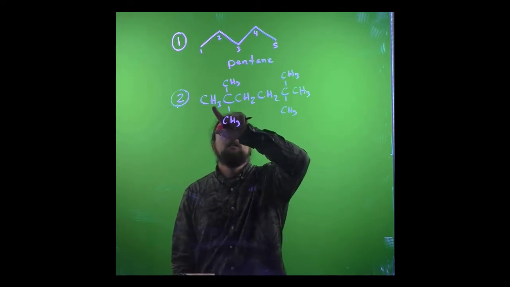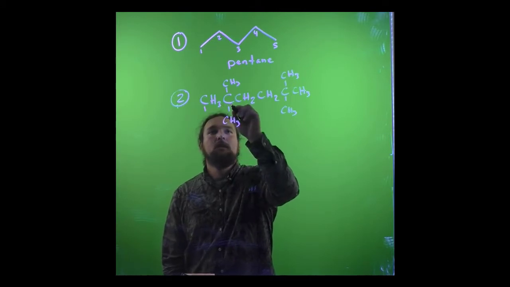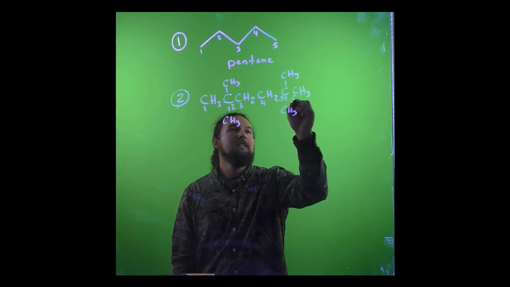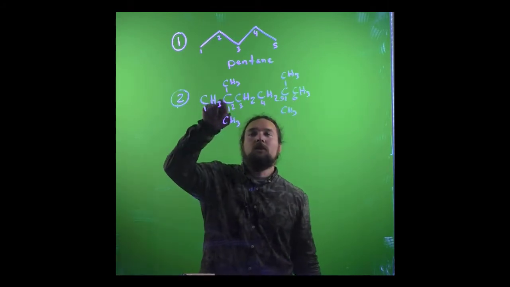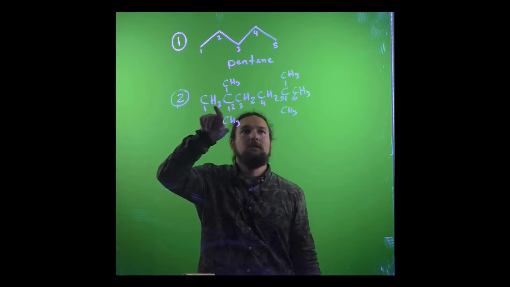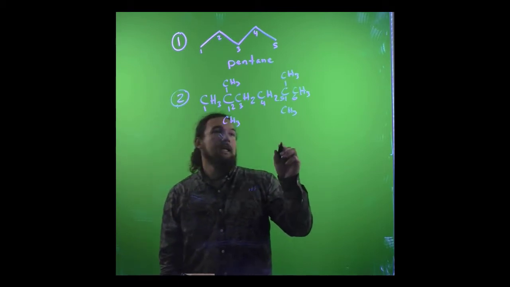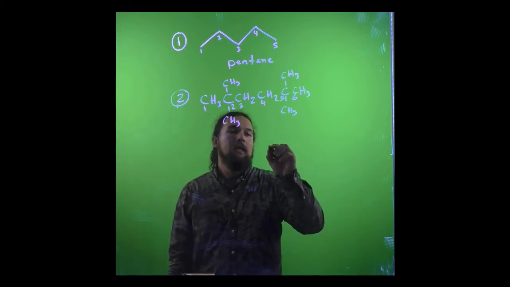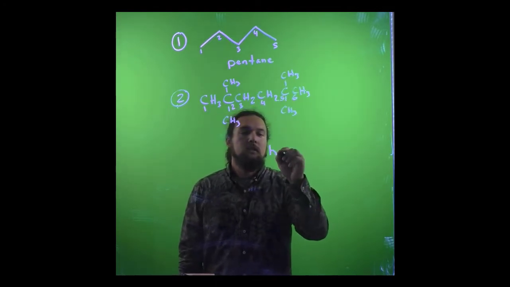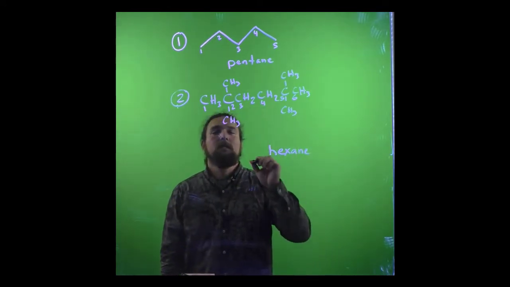So in this case, we'll start our numbering over here, and we'll do carbon 1, 2, 3, 4, 5, 6. If we were to try and branch out here, I start here, it gives us the same numbers, so that works out all right. So it's a 6-carbon chain, so it's going to be a hexane. And we have substituents coming off.